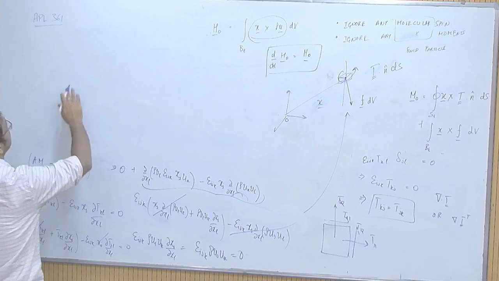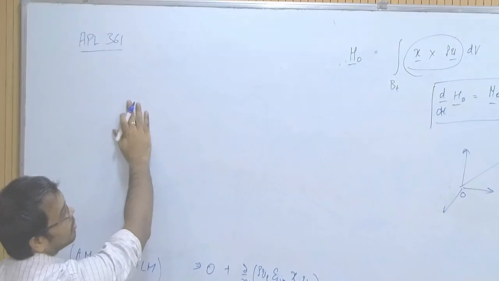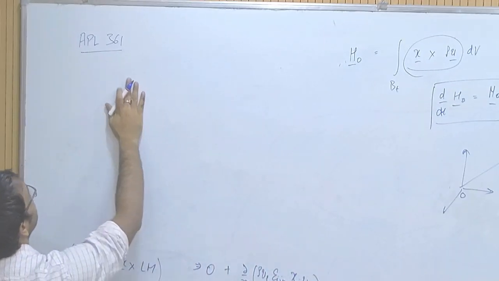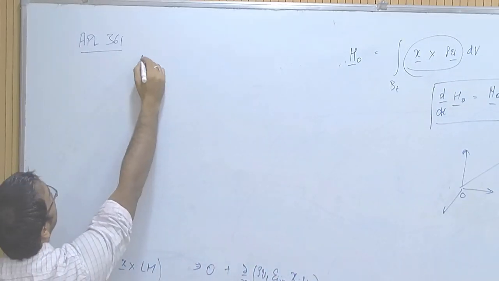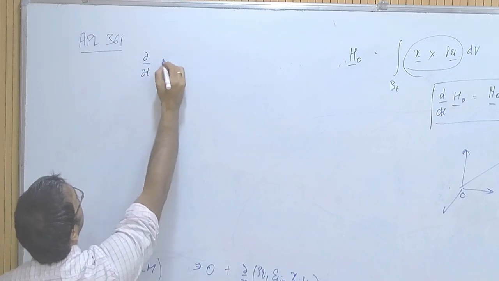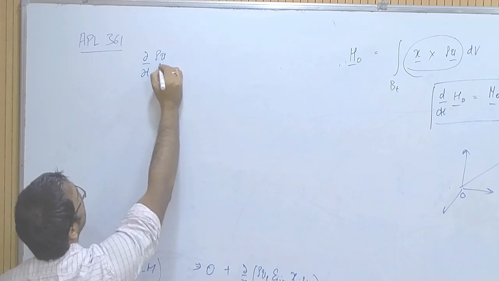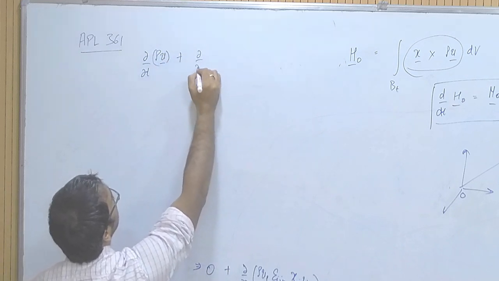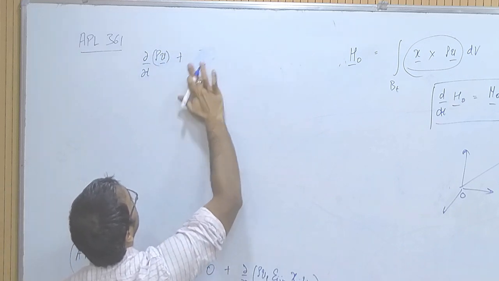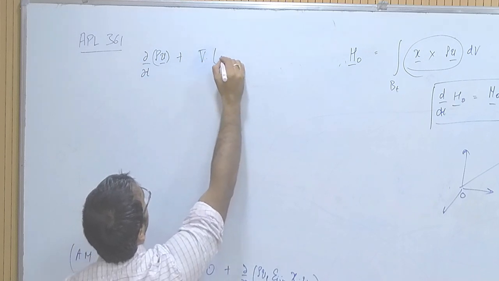So now we are going to use this fact that T is symmetric, and we are going to try to model our momentum equation.